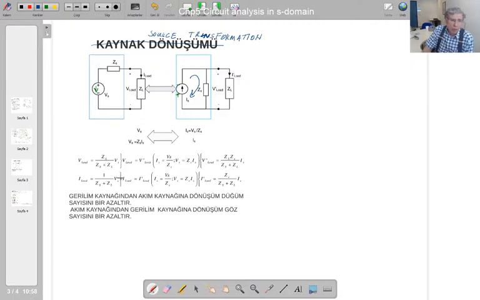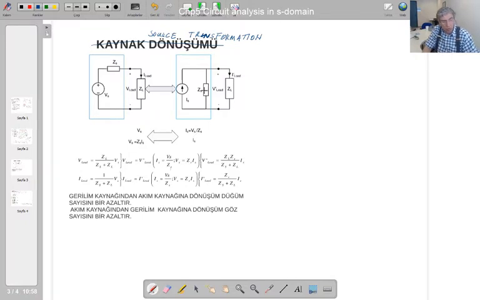So what we are saying is, if there is an independent voltage source connected in serial with an impedance, it can be replaced with an independent current source in parallel with an impedance.